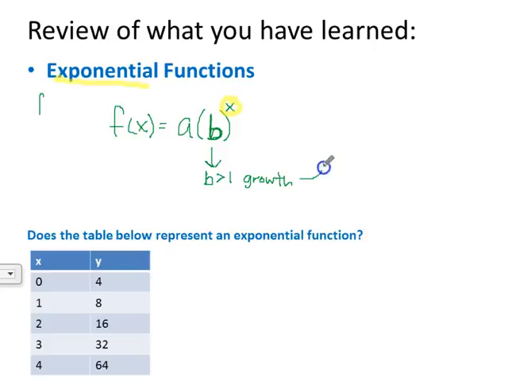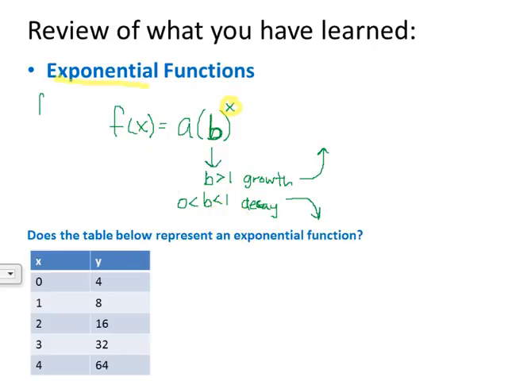And that's going to look like that when we graph it. If b is less than 1 but greater than 0, so it's going to include all of our decimals and fractions, we would have exponential decay. So our graph is going to decrease over time. The decrease starts slowly, and then over time the decrease grows rapidly.